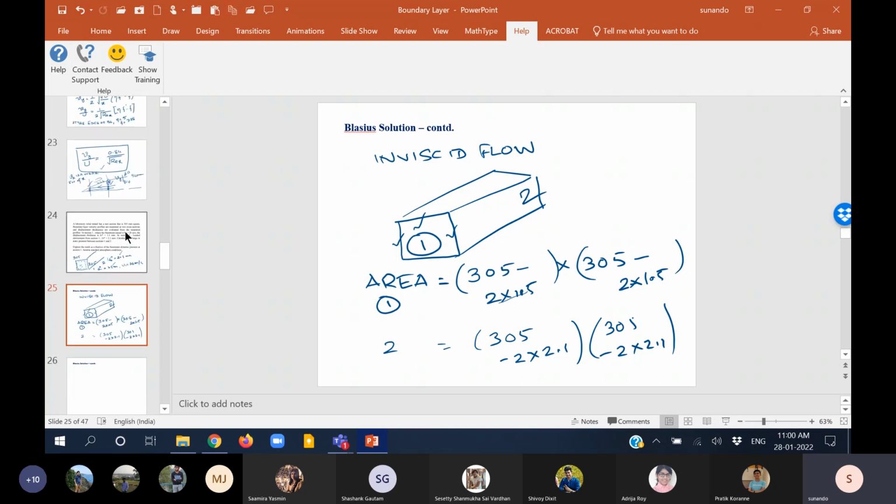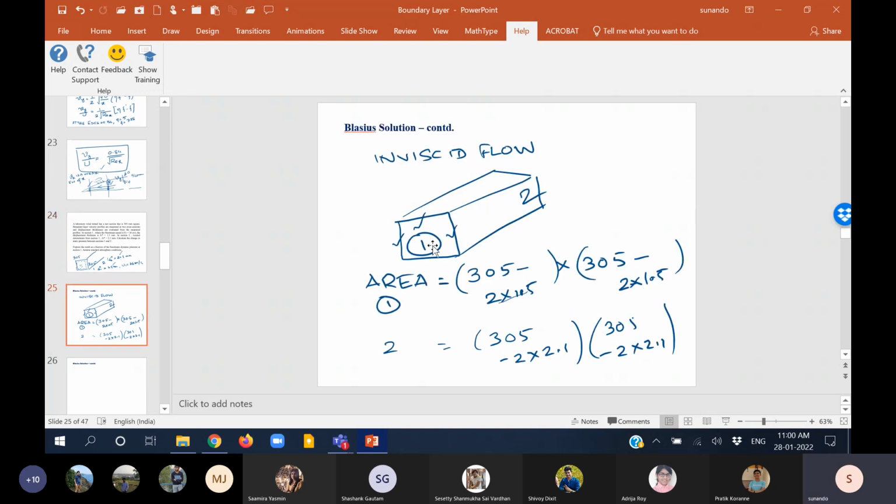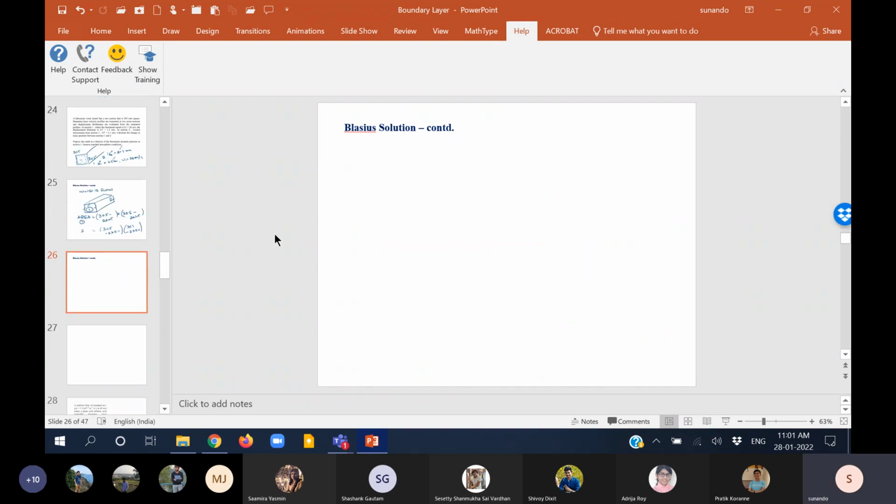The problem states that I have to calculate the change in pressure. So if the flow is inviscid, what can I use in order to find the pressure difference between the two? Which equation should I use? Bernoulli's equation.